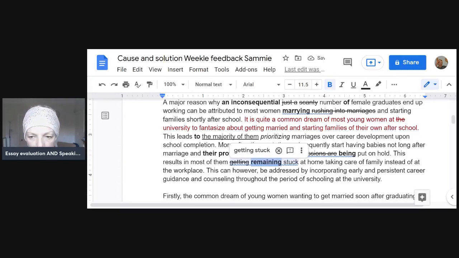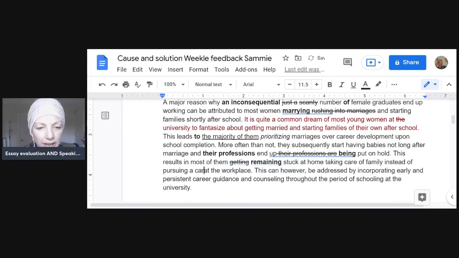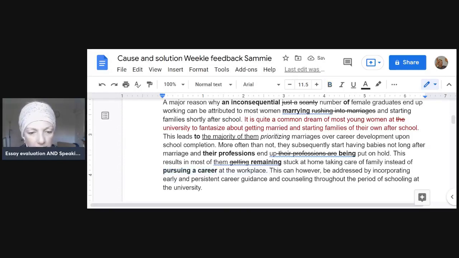Taking care of family instead of pursuing a career. Okay, so they don't take care of the workplace. The way that was written didn't make much sense.